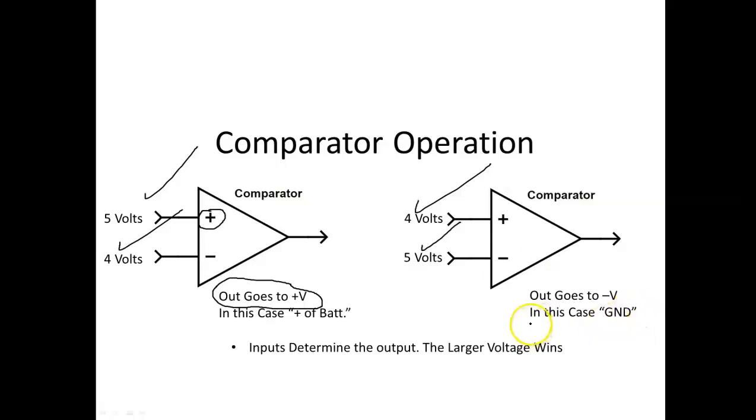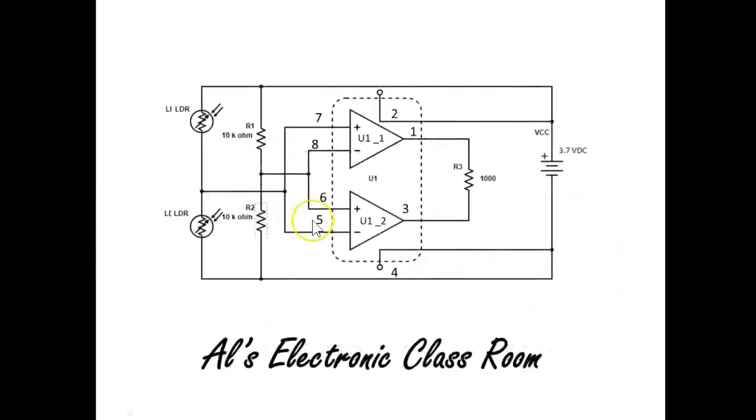Output goes negative, in this case to ground, because if we look at the previous slide, here are my 2 supply pins, 2 and 4. Pin 4 goes to the negative terminal of the battery.